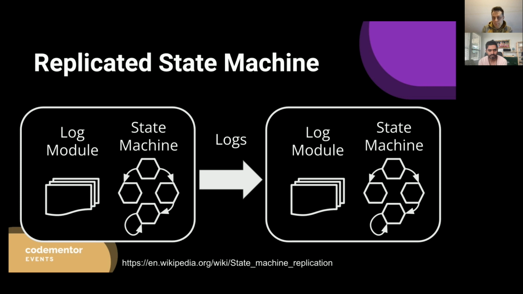Resulting state will be the same. In order to achieve this, it's really important that every event applied to state is deterministic, so there is no variety on how it can be applied. So if this rule works, it means that on all replicas you will have the same final state. It's what the replication means, basically.